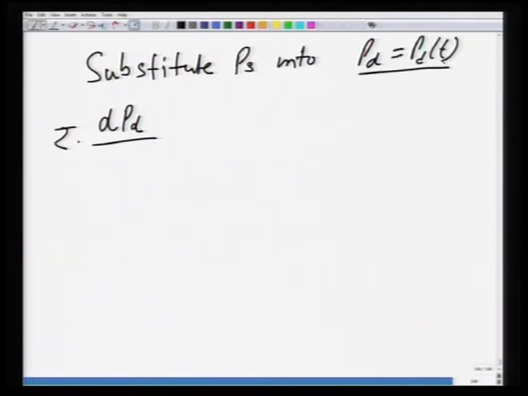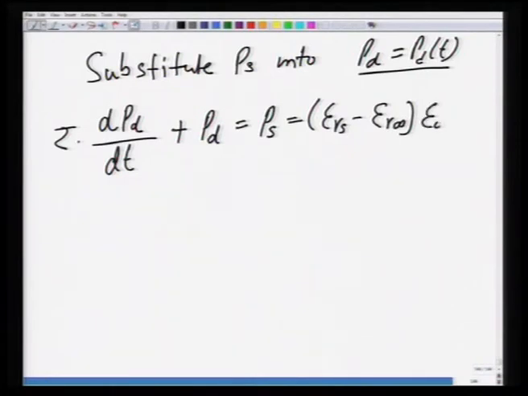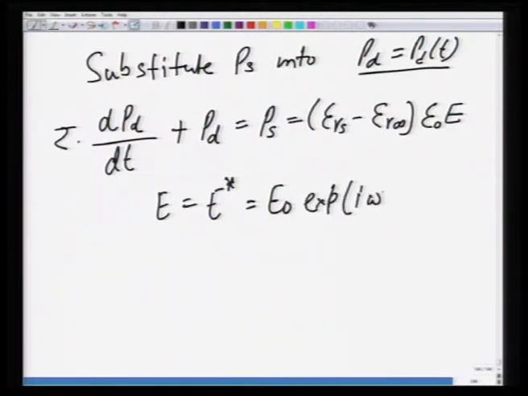So, tau d P d by d t plus P d is equal to P s, which is equal to epsilon r s minus epsilon r infinity multiplied by epsilon naught E. Okay. Now, we know that E is a complex quantity. So, E is equal to E star, which is equal to E naught exponential of i omega t.